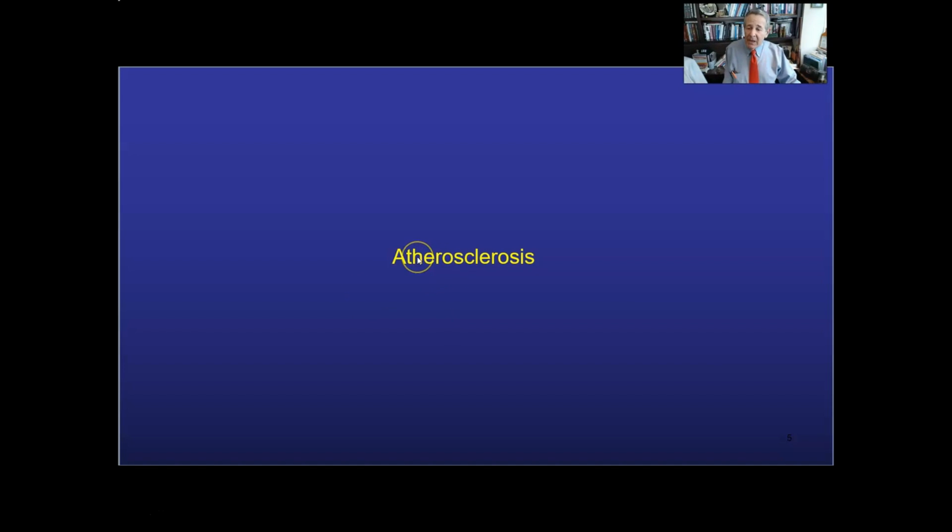It turns out what's important is the total amount, or what we call the plaque burden, of atherosclerosis. That's reflected by the coronary calcium and the coronary calcium score.